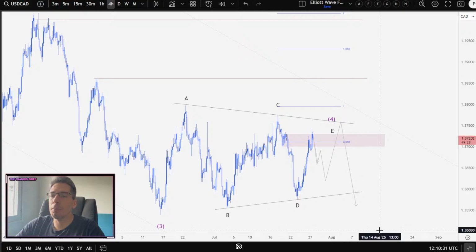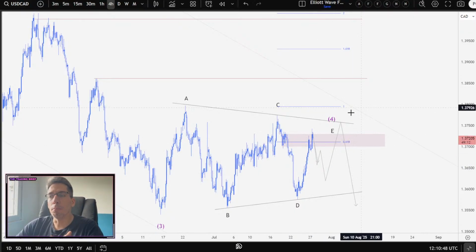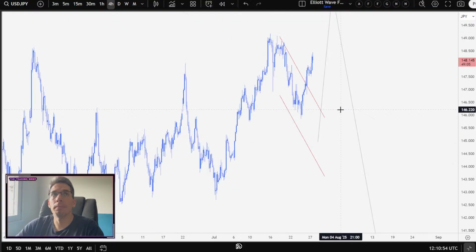I want it on my radar. Maybe short term, I want to pay attention. Maybe on this pullback, if we get a decent three-leg move, like we are seeing in the Aussie dollar, Euro dollar, dollar index, we can take a long position here as a day trade. Of course, we're talking as a day trade only.